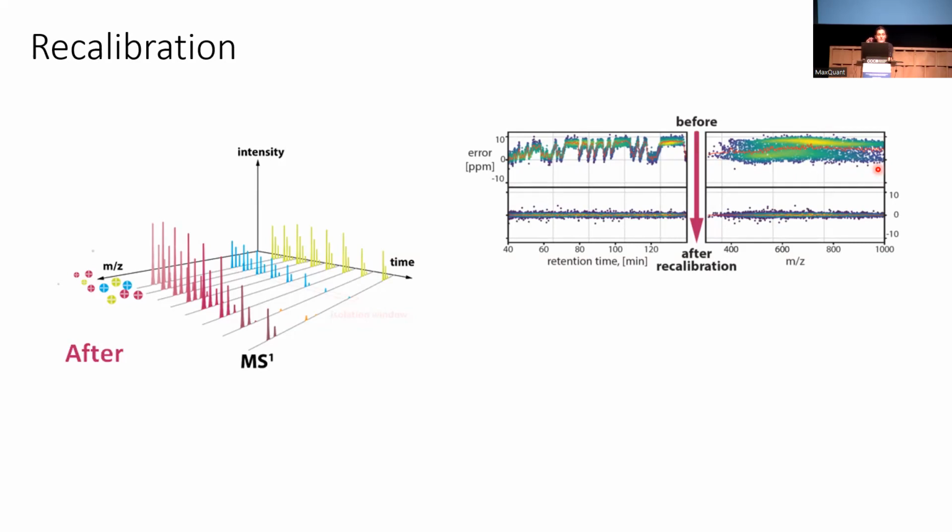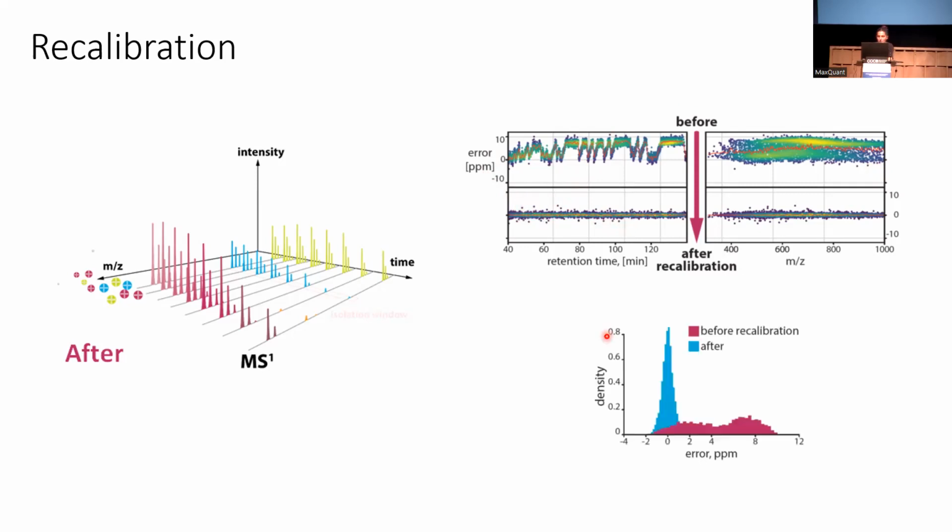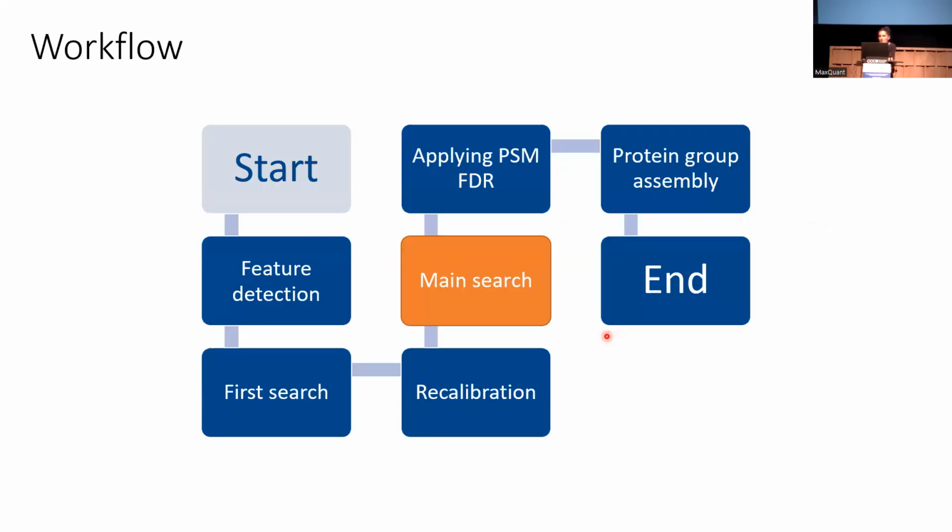Then you're going to subtract the fitted line from the data, not only from the identifications from the first search, but from all of the data. After you do that, you can see that the systematic errors are not there anymore. Now the error is around 0 and it's almost Gaussian distributed around 0. That's also another plot that you can see, the distribution of the error.